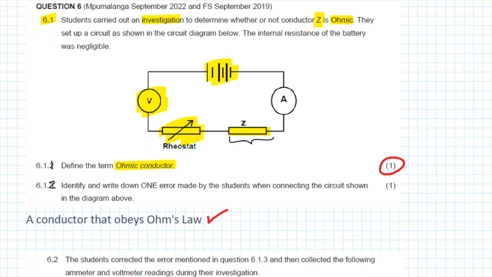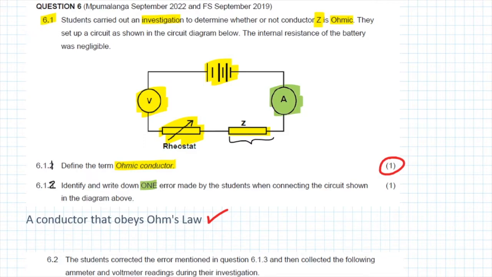Question 6.1.2 says, identify and write down one error made by the students when connecting the circuit shown in the diagram. This should be an easy question for you in grade 11. We know that ammeters are connected in series because current flows through the ammeter in order for it to detect the rate of flow of charge, or the rate at which the charges are moving through the circuit.